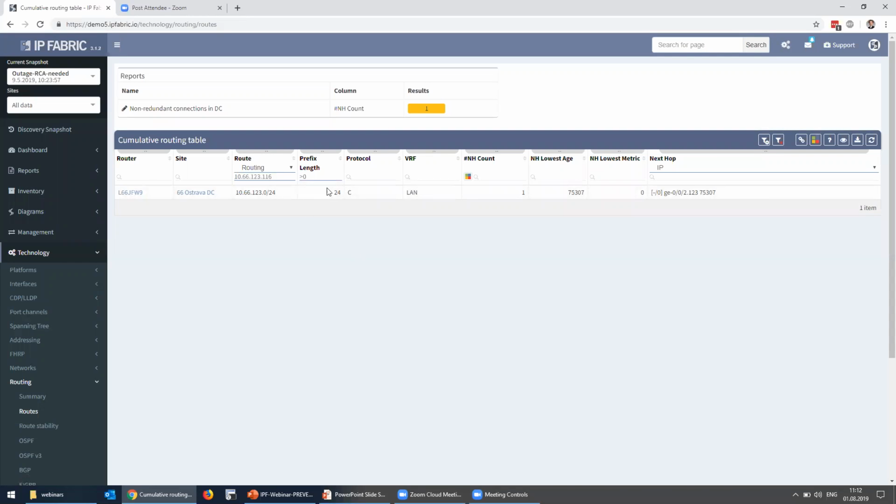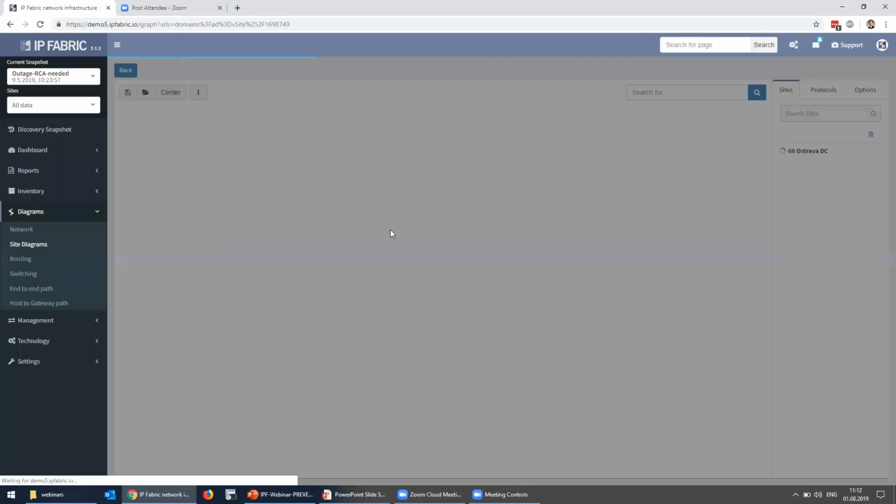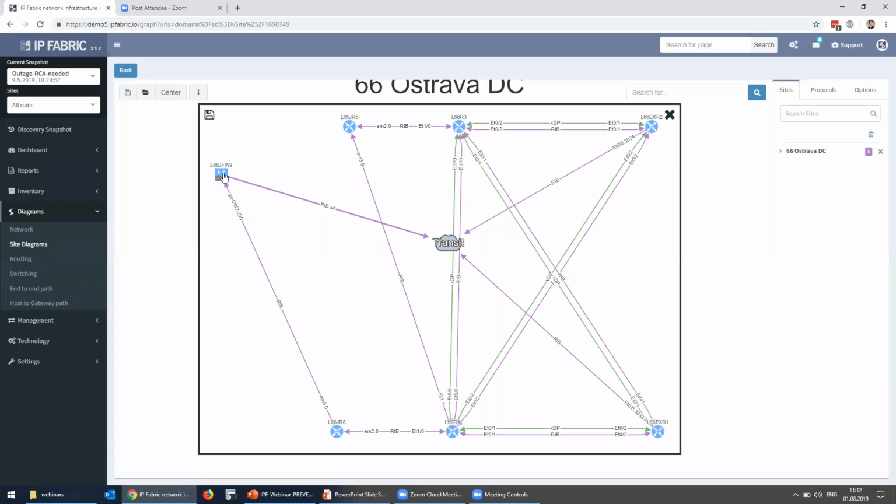But the route was not available in any of the other sites, so it wasn't propagated properly. We can look at that particular site and see that even though the route was present there, somehow it was not being propagated.